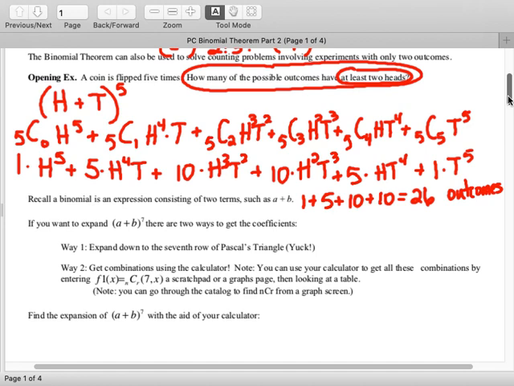Let me see. I'm going to try it on a graph. Press menu, enter. On a scratch pad, you can just type NCR.